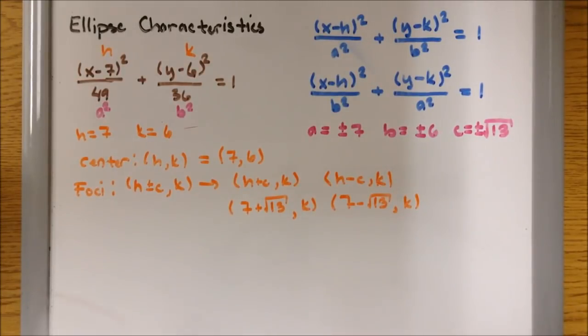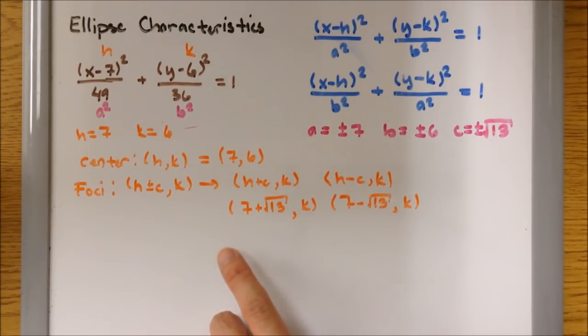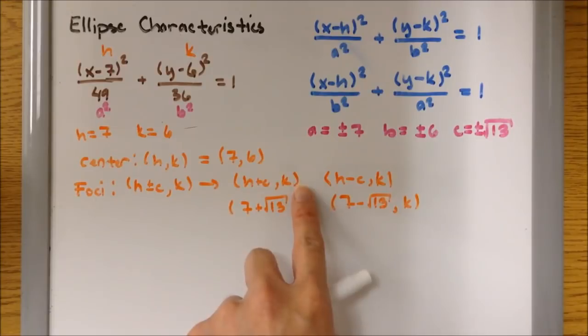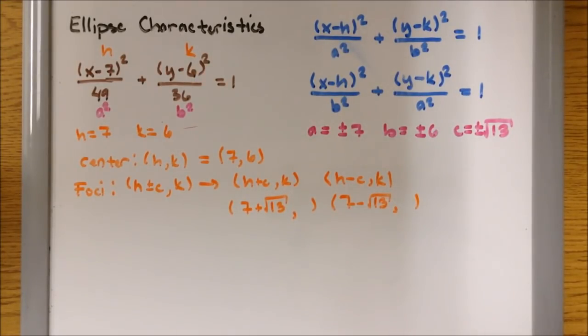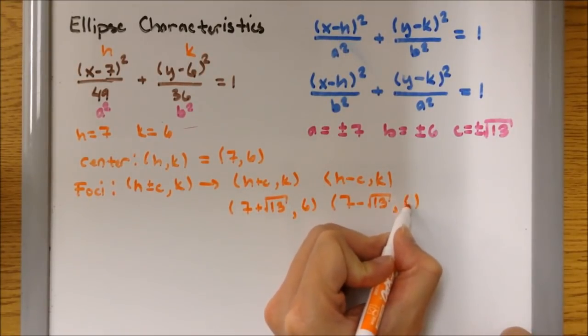Now here, since it's a whole number with a square root number that we can't simplify, we can't combine them without a calculator. So all I'm going to do is leave it like this: 7 plus square root of 13 comma, I don't know why I keep writing k when I was supposed to write my k value, which is 6. My mistake.